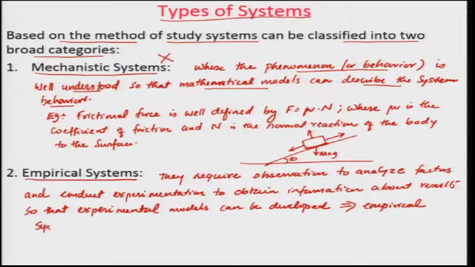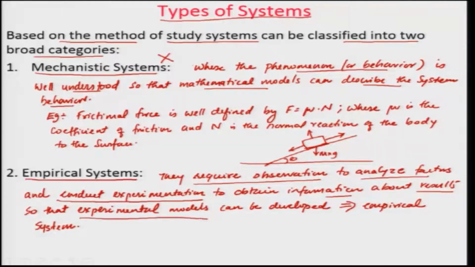So, what happens is the phenomenon of the system is not very well understood. So, you have to observe the system so that you can analyze various factors, and then it mandates you to do experimentation, so that we can find observations about the results. We can observe how the results change, and using that we can build what we call experimental models or empirical models, so that this system can be studied. Such systems are called empirical systems. This is what we will be focusing on in this class.